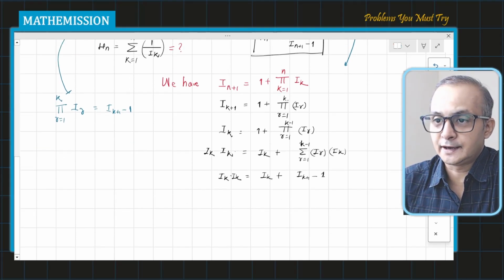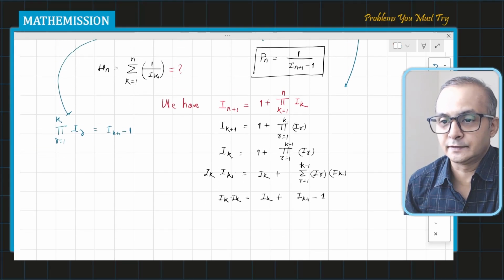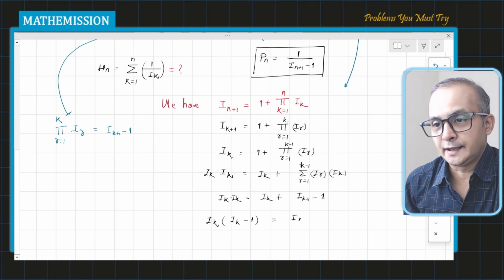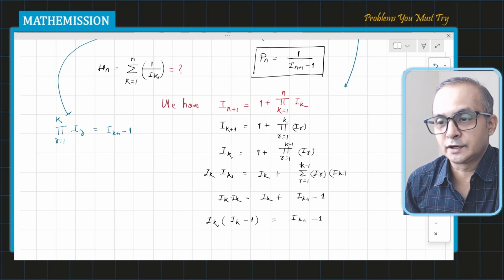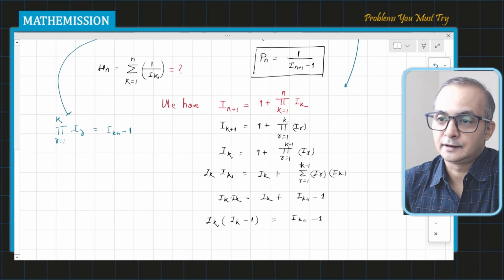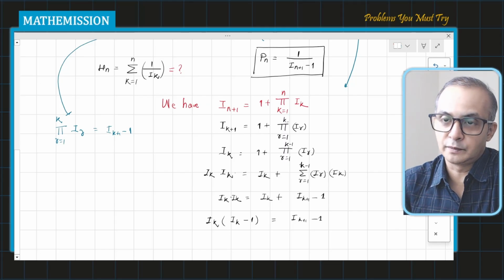So for that, let me just take this i_k this side, and I'm taking i_k common. So this will give you i_k minus 1. And why was I doing this whole thing? Because you notice that I am a little bit closer to getting the telescopic for 1 by i_k.